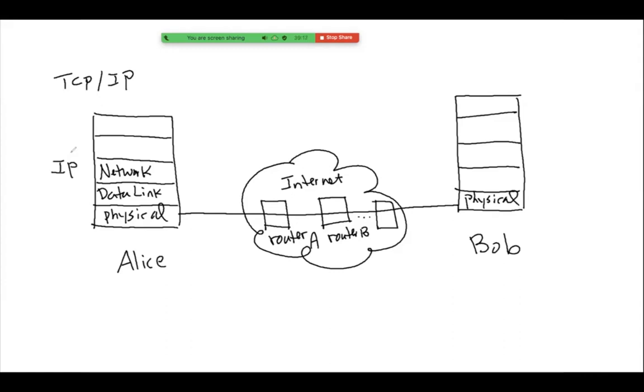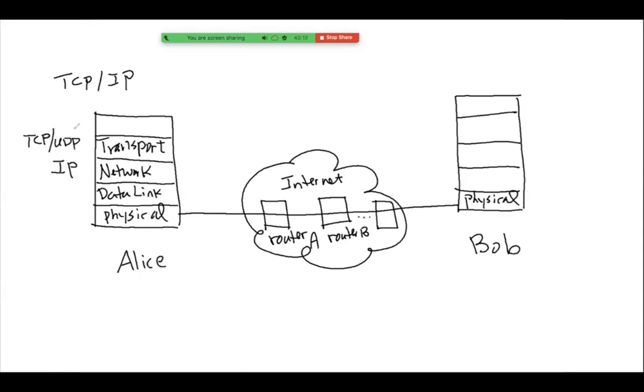And then this is the transport layer. TCP sits at this layer and also UDP.